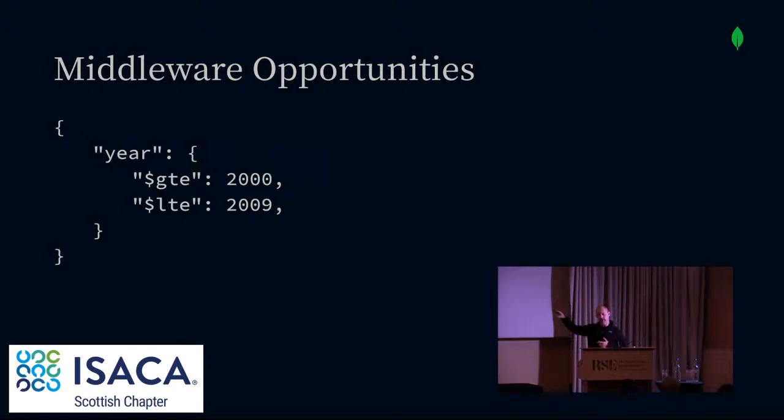Because MongoDB doesn't use SQL, which is a language that has to be parsed and is relatively complex, because it uses these data structures, you can write relatively simple software to understand what the query is doing and flag things that maybe it's not meant to do, or even block it. So you could report or block queries at this stage before they ever reach the server, which I just think is an interesting opportunity that just comes from this feature of MongoDB, the fact that it uses data structures as queries.